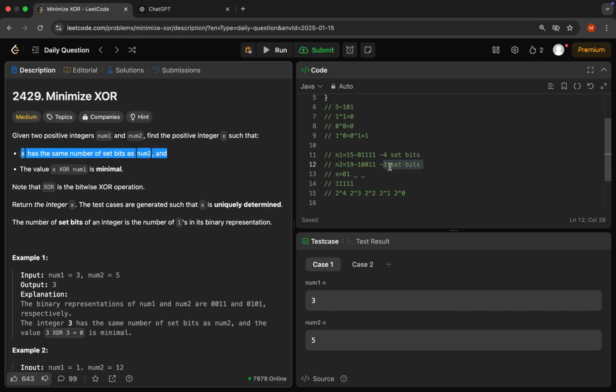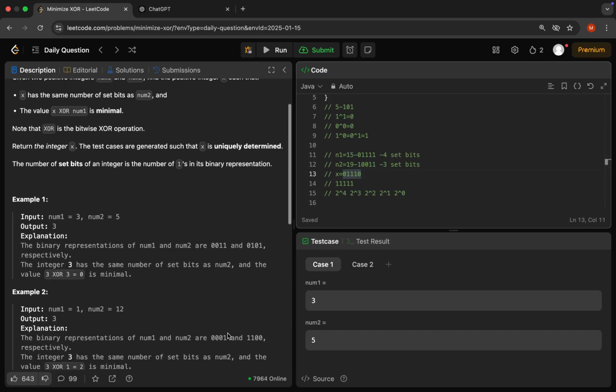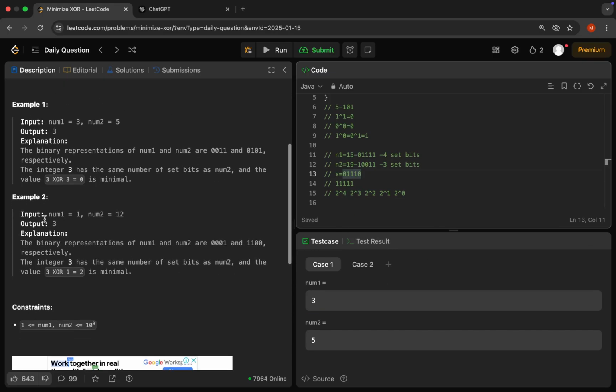So n2 consists of only 3 set bits, that's why we can only use 3 set bits. The next bit is also a set bit in n1, so we again use 1, and the third set bit also consists of 1, so we will again use it, and the answer becomes 0 1 1 0.